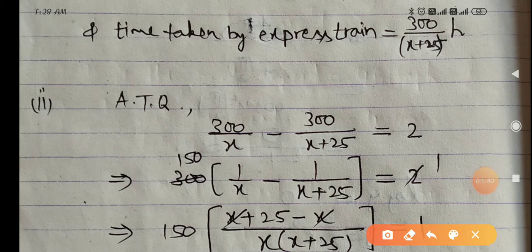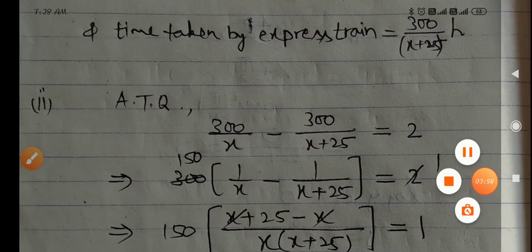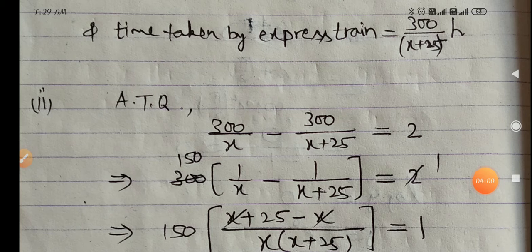So that's why I have written here 300 upon x minus 300 upon x plus 25 equals 2. 300 upon x is the time taken by ordinary train, minus 300 upon x plus 25, the time taken by express train. So the equation you are getting is 300 upon x minus 300 upon x plus 25 equals 2. Difference between the times is 2.